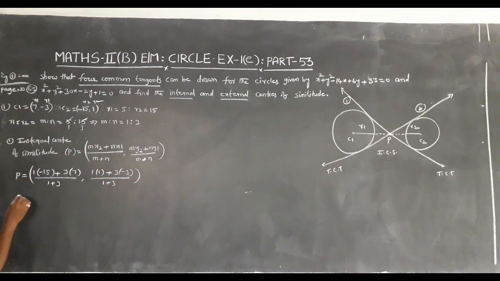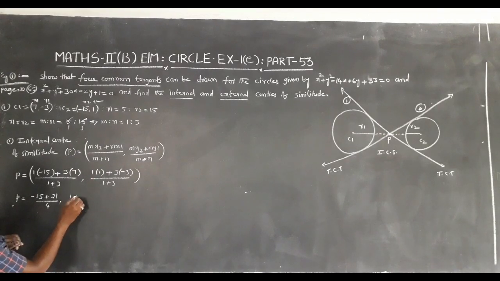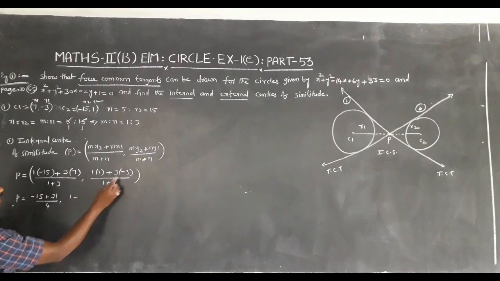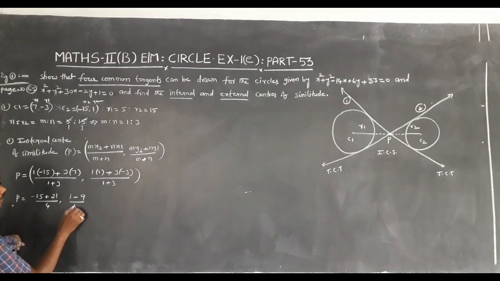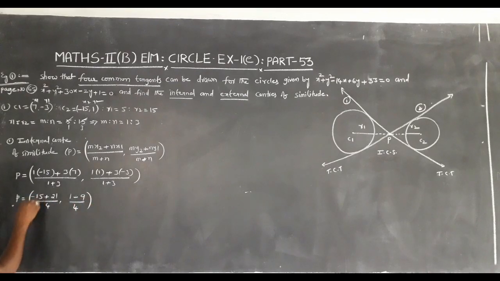P is equal to (1 into minus 15 plus 3 into 7, that is 21) by (1 plus 3, that is 4), comma, (1 into 1 plus 3 into minus 3, that is minus 9) by 4. P is equal to (21 minus 15, that is 6) by 4, comma, (1 minus 9, that is minus 8) by 4.